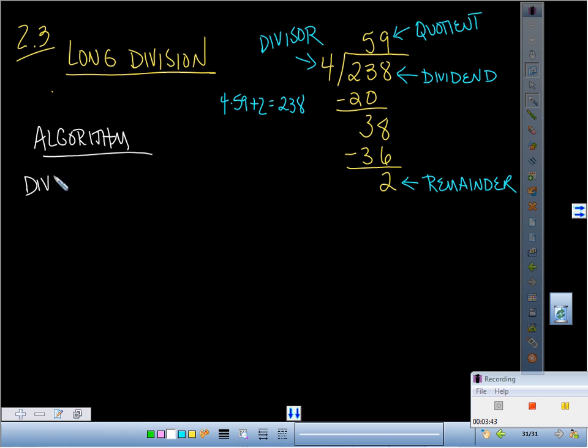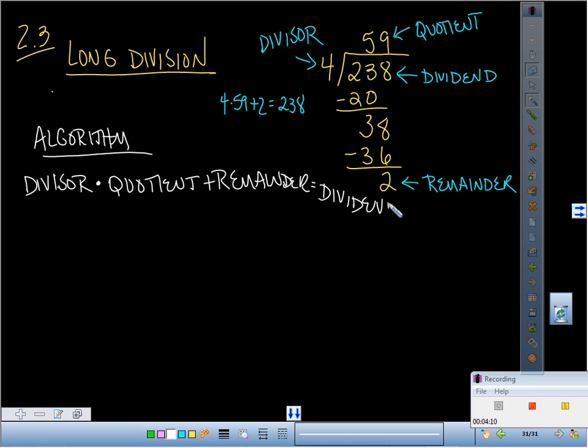Okay, divisor times the quotient plus the remainder is equal to the dividend. Okay? So that's the algorithm.